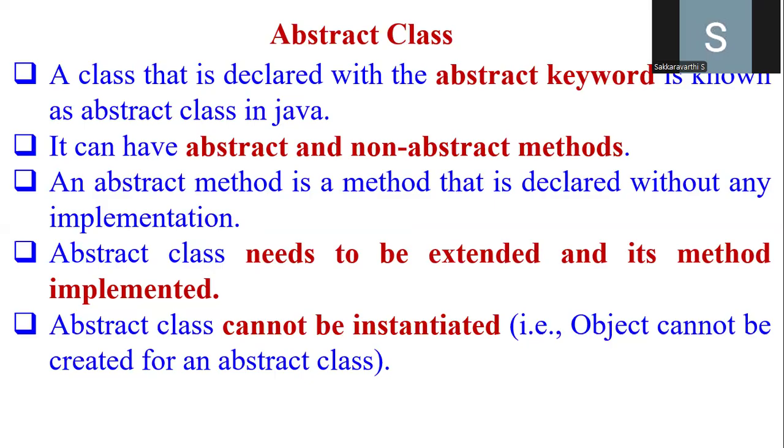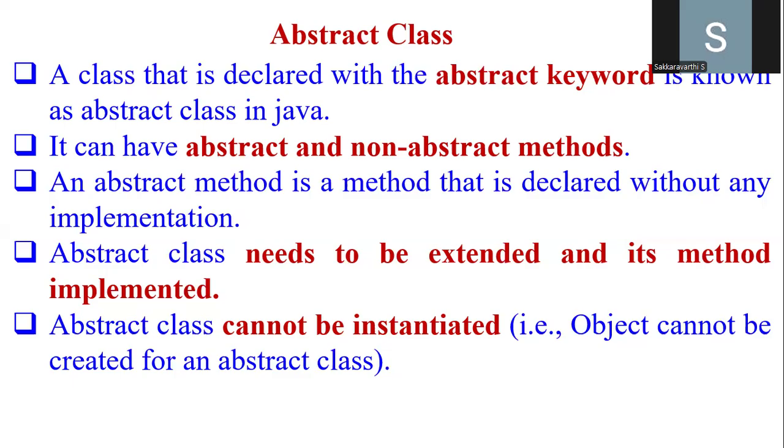So the abstract class may have abstract methods and non-abstract methods. This way, we can achieve 0 to 100% abstraction. 0 to 100% abstraction in the sense that the class may not have abstract methods or it may have abstract methods, right?